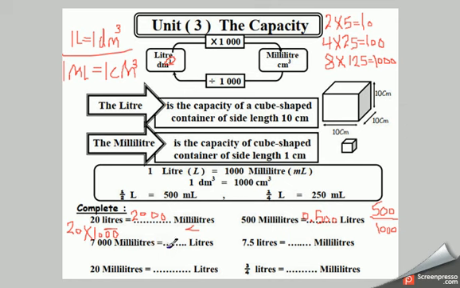Okay. The next one: 7,000 milliliters equals how many liters? From milliliters to liters, I should divide by 1000. I should write it as a fraction: 7,000 over 1,000.